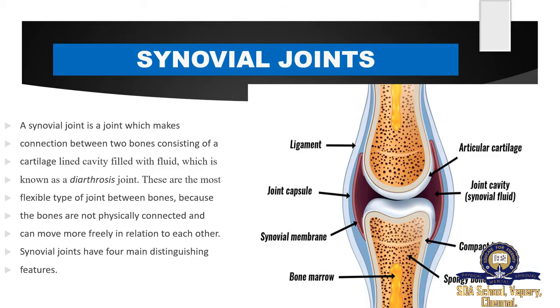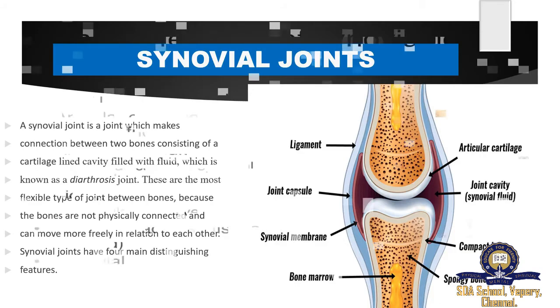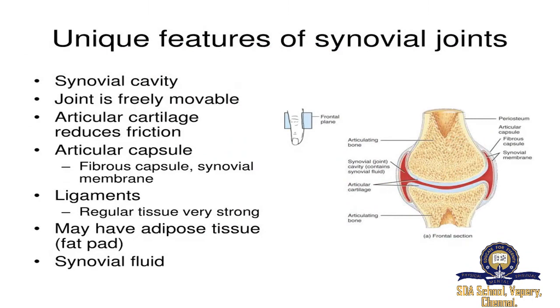And then the synovial joints have four main features. So what are the four main features? We are going to see the different features present in the synovial joint. Features of the synovial joint. It has fibrous tissue, which connects the two bones, and then it has synovial fluid.